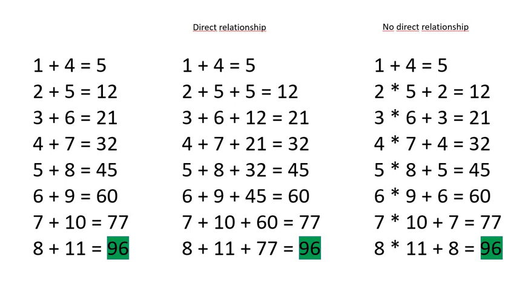So, what is the conclusion about it? We could assume that 96 is a valid solution for this puzzle. But there is a big but, a very big one.